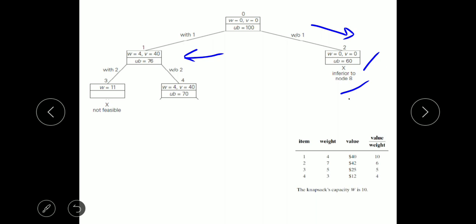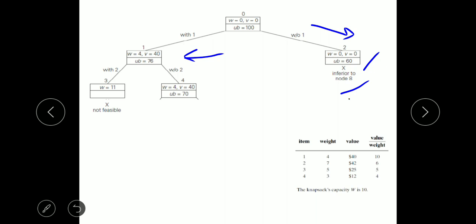For the next step, we compute whether to include item 2 into the knapsack or not. Again, apply the same formula to calculate the upper bound. So what do you get?